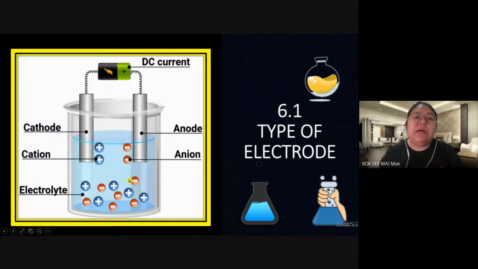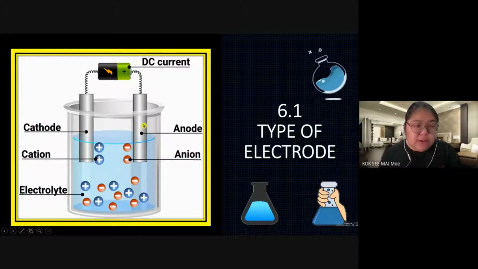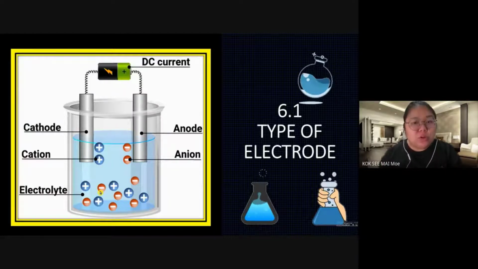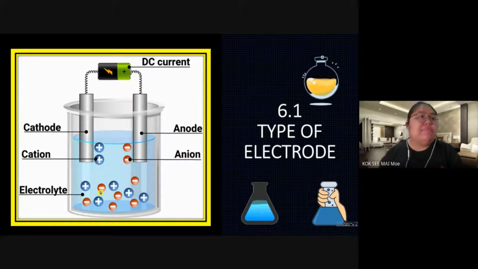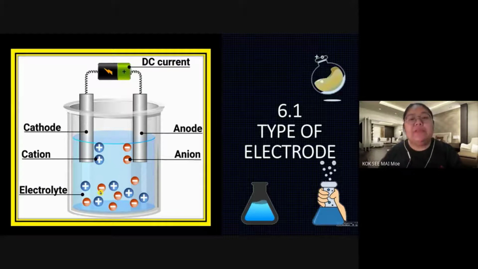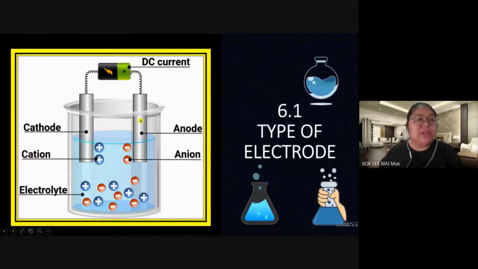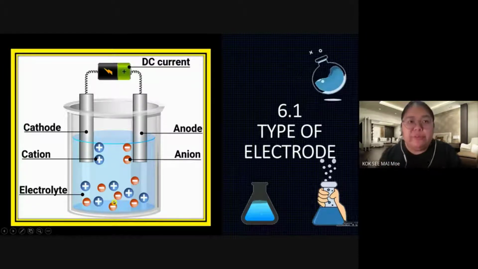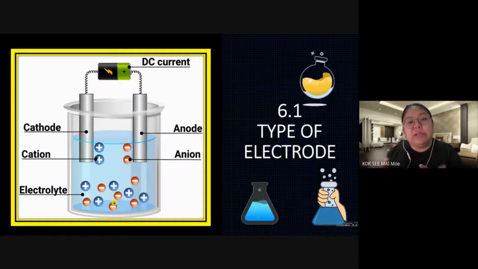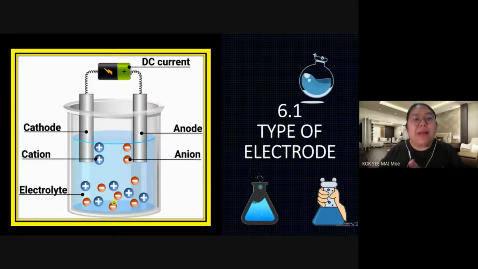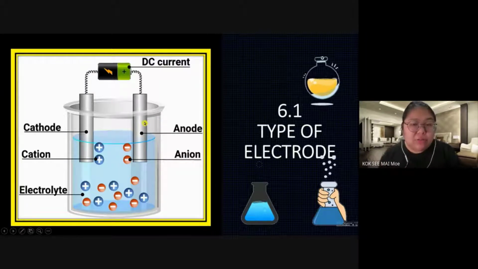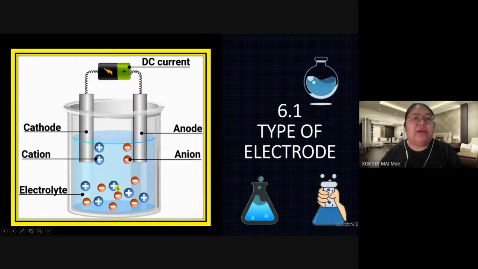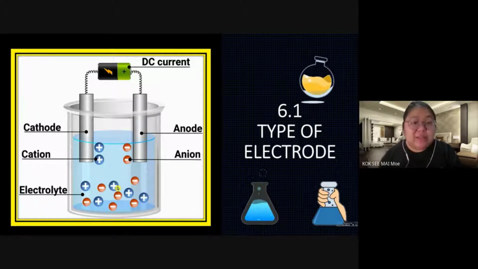For example, if the anode uses copper and the electrolyte is copper(II) sulfate, which also has copper, we call this the same. If the anode uses carbon but the solution uses copper, that we call different. So now the situation is the metal in the electrode is the same as the ion in the electrolyte.